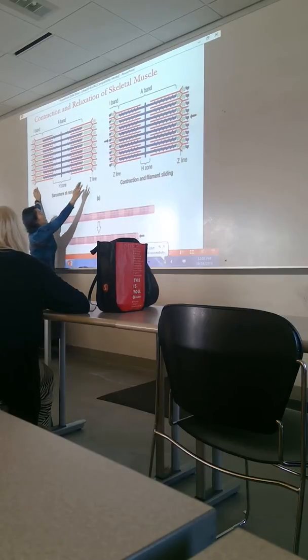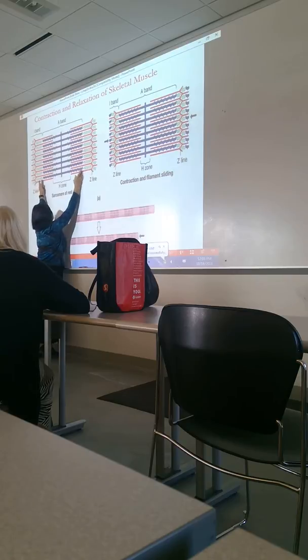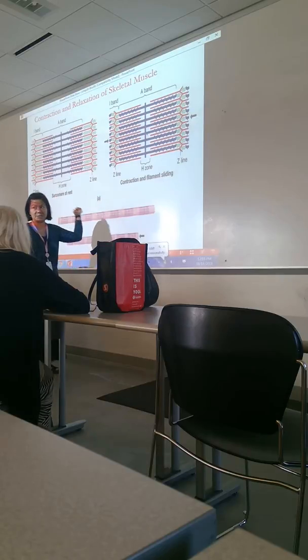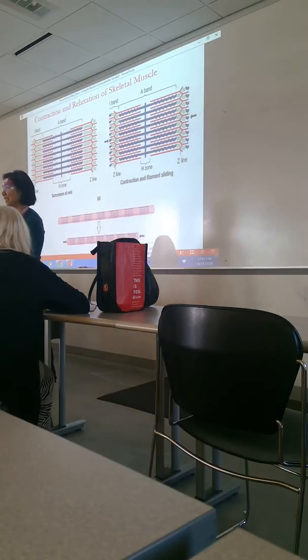And then this is the entire sarcomere. What happens to the entire sarcomere? Shortens. You should be happy if that comes out in the test, because you know actin and myosin don't change. And number two, actin just pulls myosin towards the center.